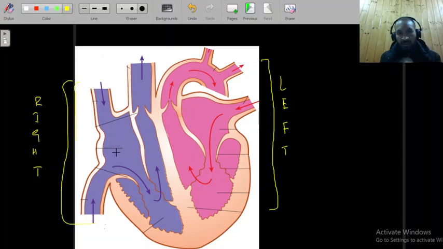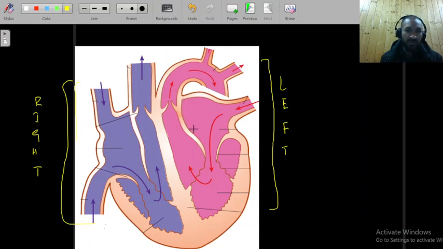Your right side of the heart contains deoxygenated blood, the blood which has little oxygen, or we can say which is deficient in oxygen. Whereas the left half of your heart has oxygenated blood, the blood which is rich in oxygen, or which has sufficient oxygen.